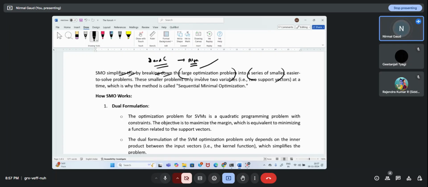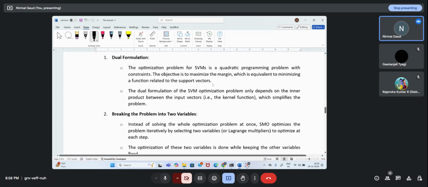They divide a large problem into small problems, and these small problems involve only two variables. To solve two variables is easy, to solve multiple variables is tough. So let's solve two variables only. That is why it is called sequential minimal optimization. Minimal means this only, small.